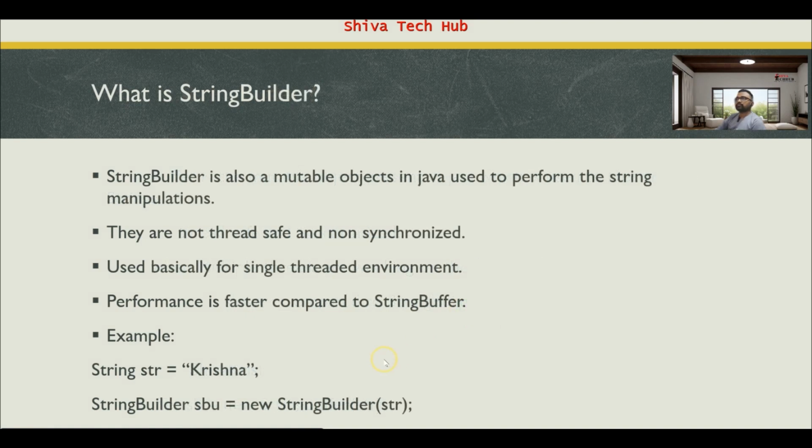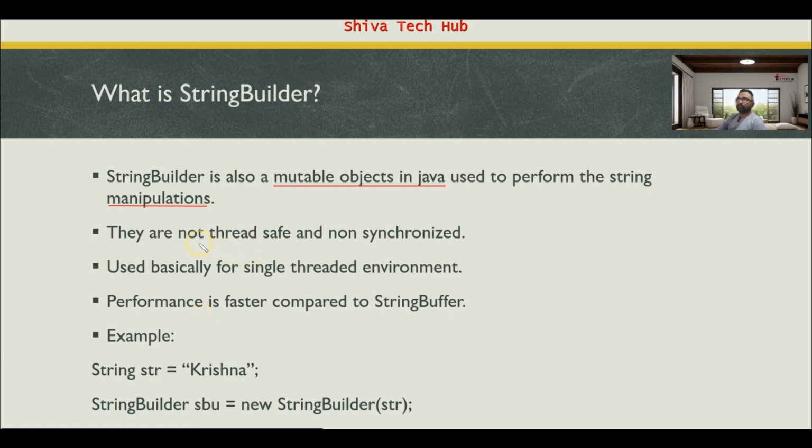Let us try to understand one more concept, which is called StringBuilder. Like StringBuffer, it is also a mutable object in Java that is used to perform string manipulations. Manipulations in the sense that mutable objects can be changed, whereas immutable objects cannot be changed.